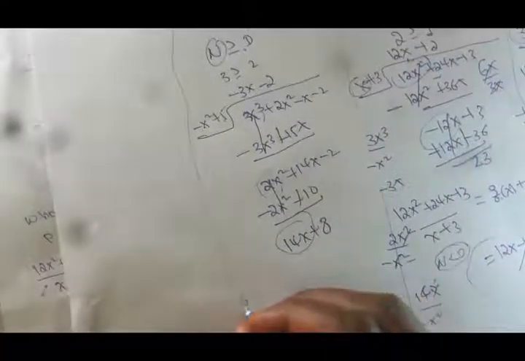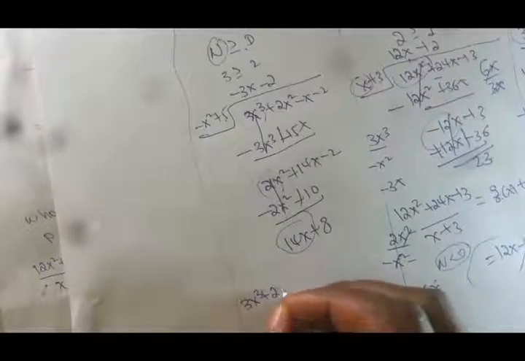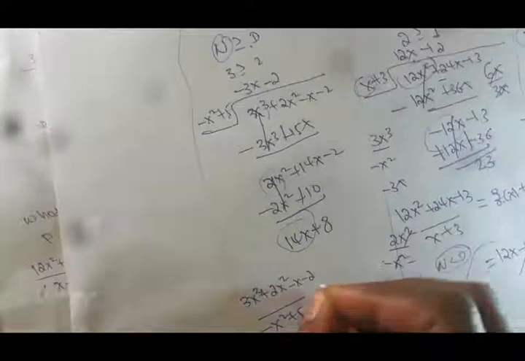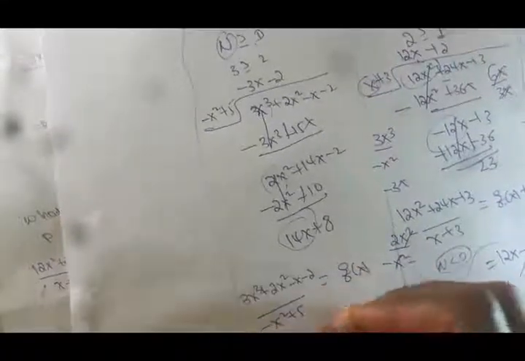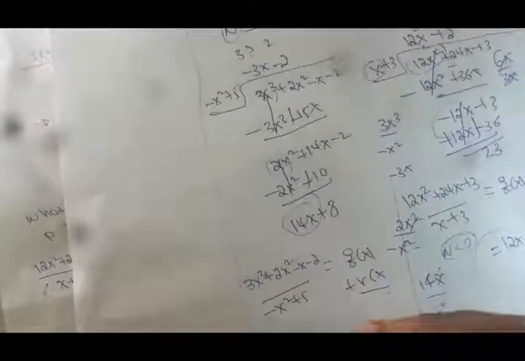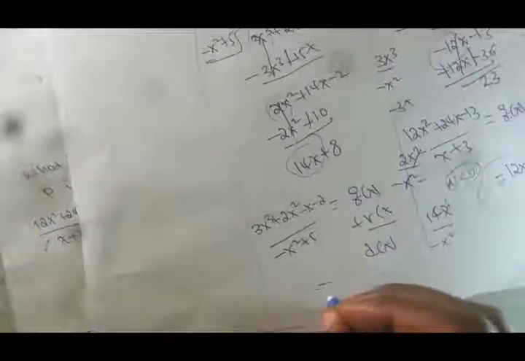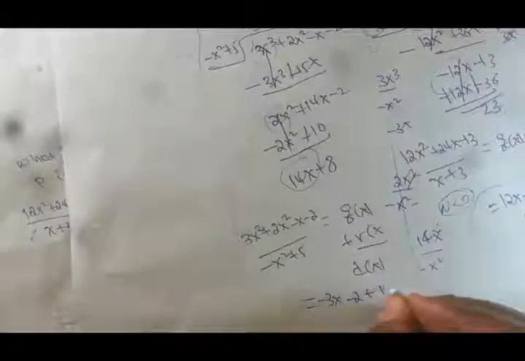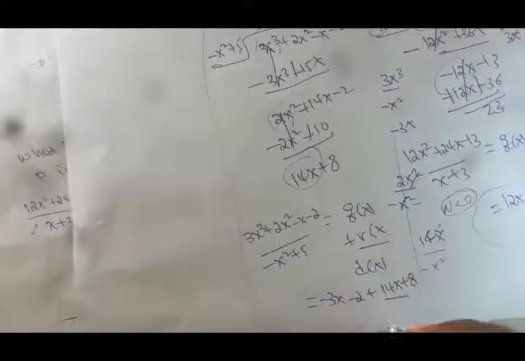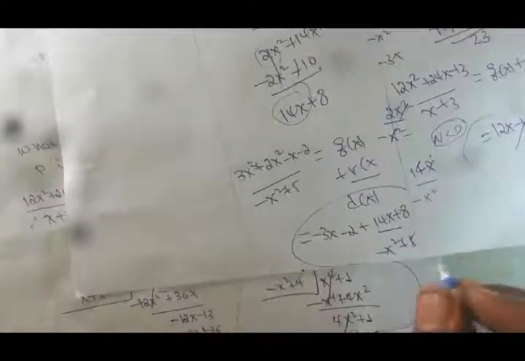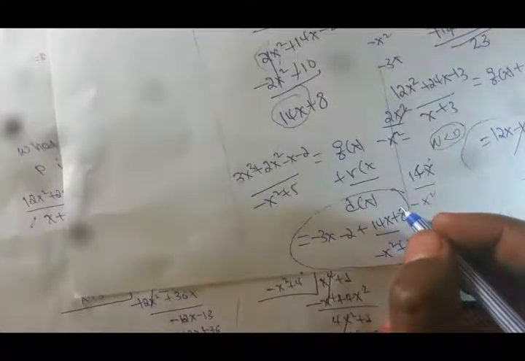Therefore, x cubed plus 2x squared minus x minus 2 divided by negative x squared plus 5 is equal to q of x plus r of x over d of x. In our case, q of x is minus x minus 2, plus our remainder 4x plus 8 over our divisor minus x squared plus 5. This is our final equation when simplified.